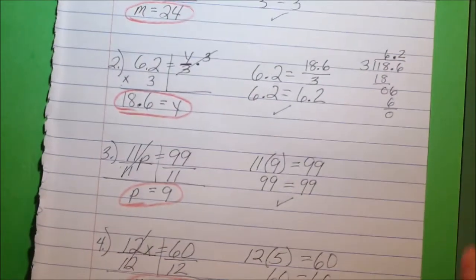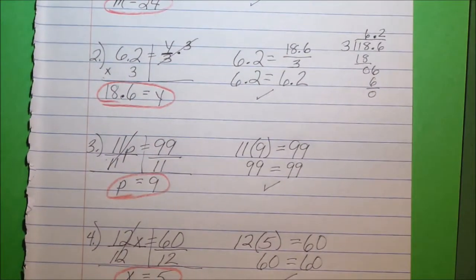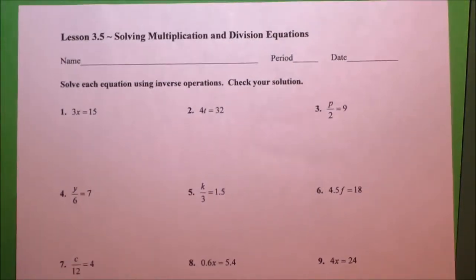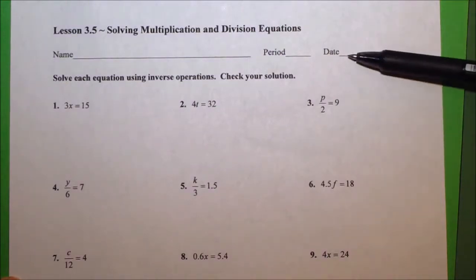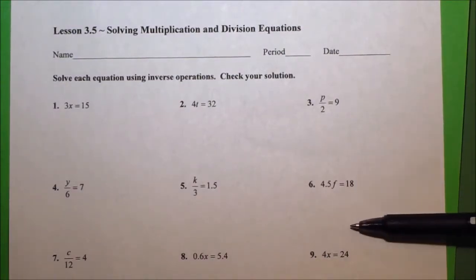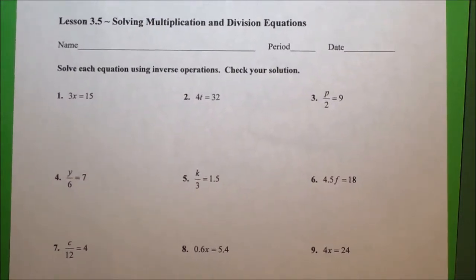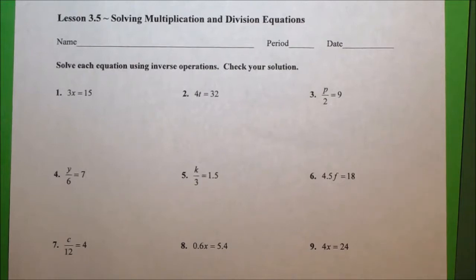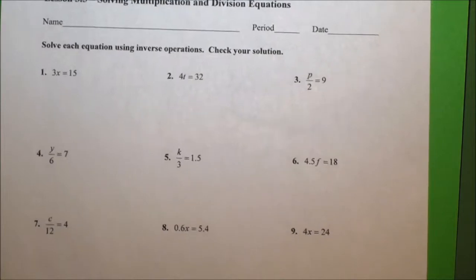The beauty of video is you can just keep replaying and replaying until it clicks, until you get it. So let's take a peek at your worksheet. The worksheet for this lesson 3.5. The top is solve each equation using inverse operations and check your solution. So just like the examples that we did in the notes and in the practice problems are what you'll see right here.